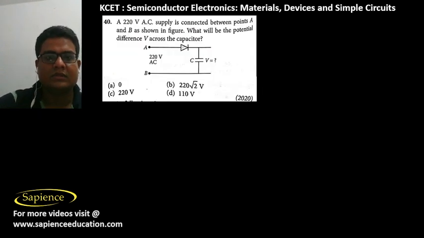In question number 40, it is told 220 volt AC supply is connected in between points A and B as shown in figure. What will be the potential difference V across the capacitor? So here the voltage applied across A and B is 220 volts.